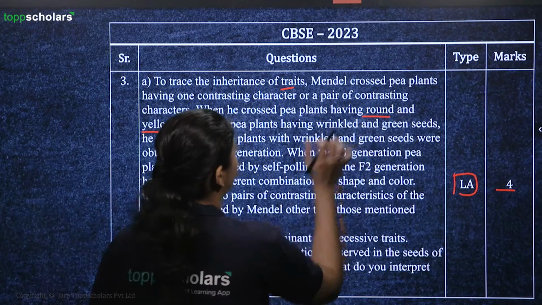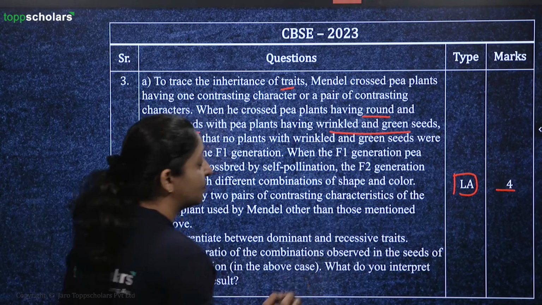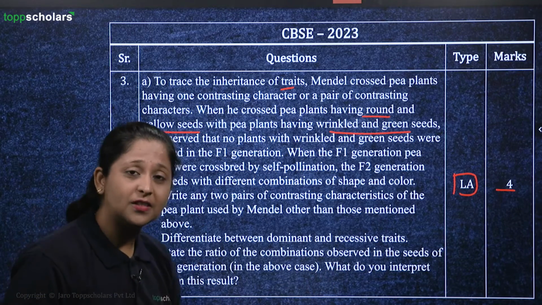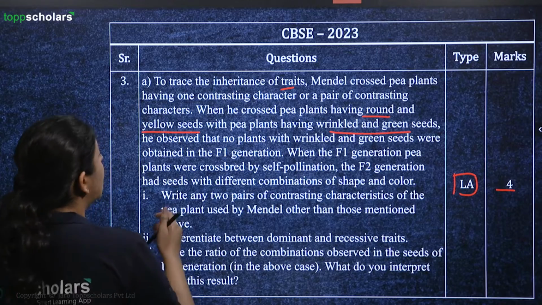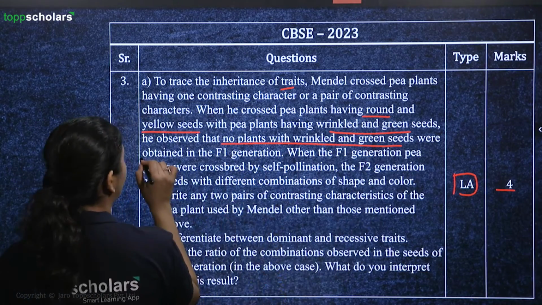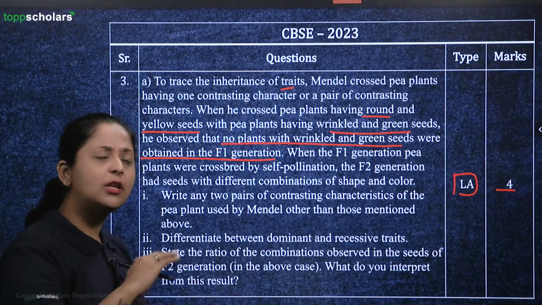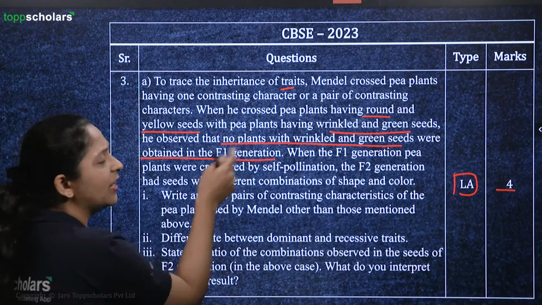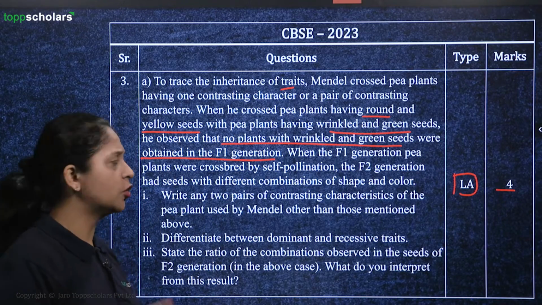So we are taking two characteristics, round yellow seeds with wrinkled and green seeds. We are considering the shape of the seed and the color of the seed, two characteristics at once. We observed that no plants with wrinkled and green seeds were obtained in the F1 generation. That is, both of the recessive traits were not observed in the F1 generation.